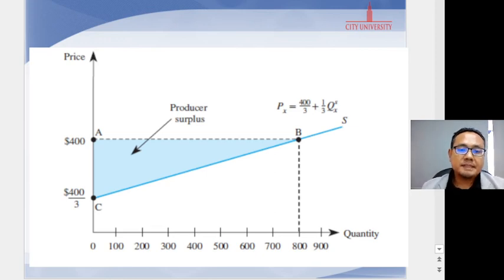Anyway, producer surplus can be a powerful tool for managers. For instance, suppose the manager of a major fast food restaurant currently purchases 10,000 pounds of ground beef each week from a supplier at a price of $1.25 per pound. The producer surplus the meat supplier earned by selling 10,000 pounds at $1.25 per pound tells the restaurant manager the dollar amount that the supplier received over and above what it would be willing to accept for the meat.